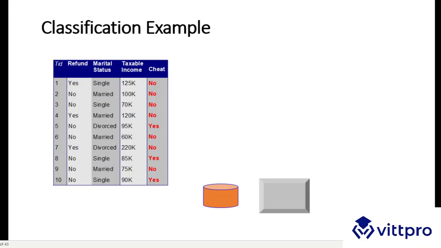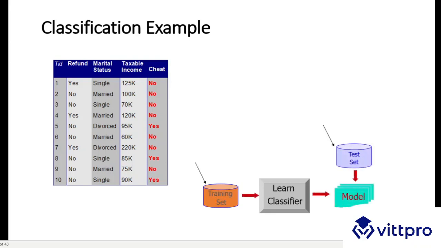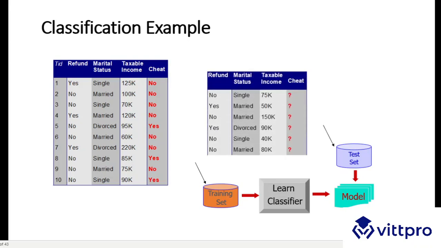This way we try to identify, based on these attributes, whether the transaction would be a cheat or not. The process is to use this training set to create a classifier model. Once that model is available, you test it on certain transactions whose results we already know, so we can check whether we are able to predict correctly.